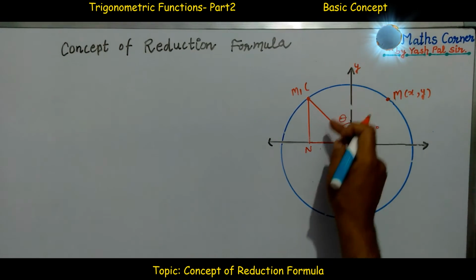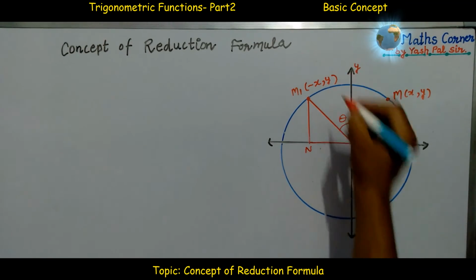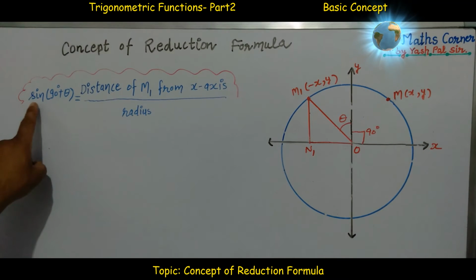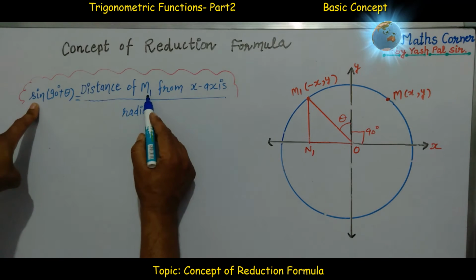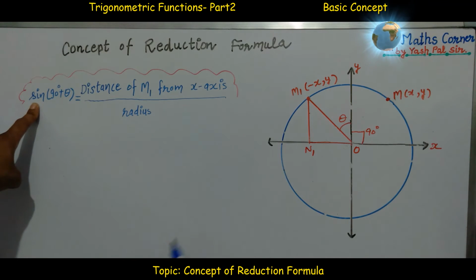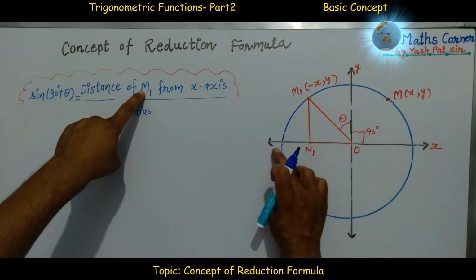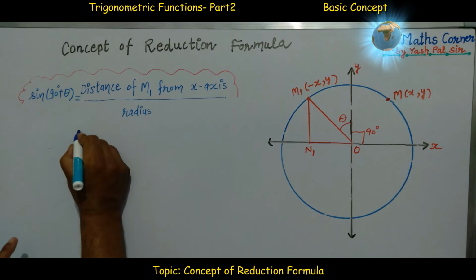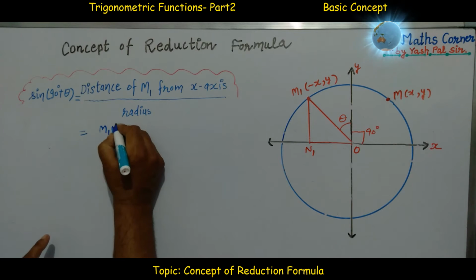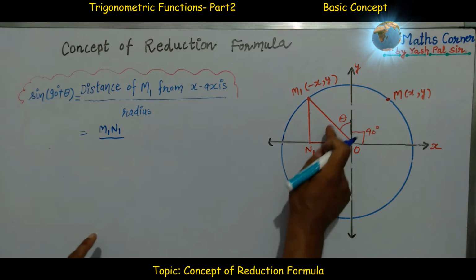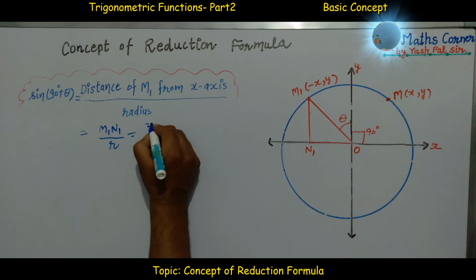Left side of the y axis, the x coordinate is negative, so minus x comma y. Now using the definition, sine 90 degree plus theta is equal to the distance of M1 from the x axis upon the radius of the circle, that is M1 to N1 distance, divided by radius r, and this distance is y, so y divided by r.